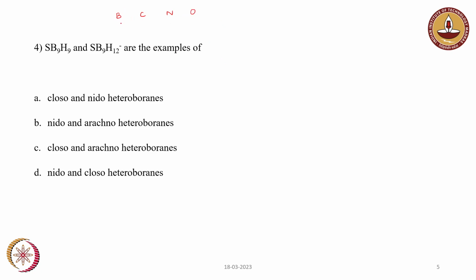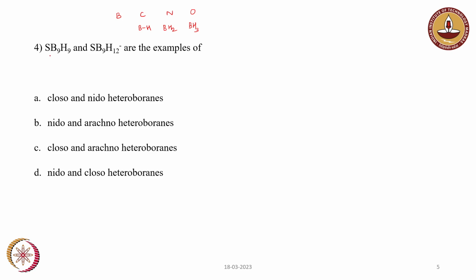So carbon is BH, nitrogen is BH2, and oxygen is BH3. So we can represent oxygen and its group members as BH3.